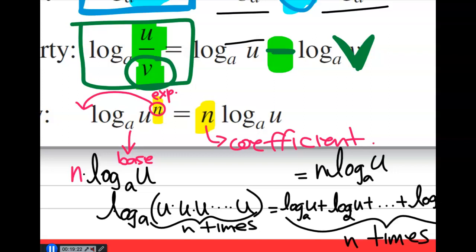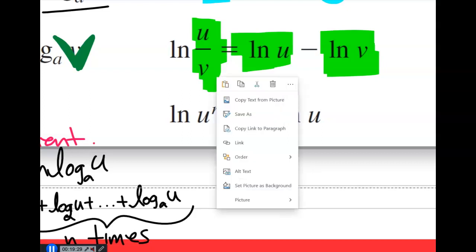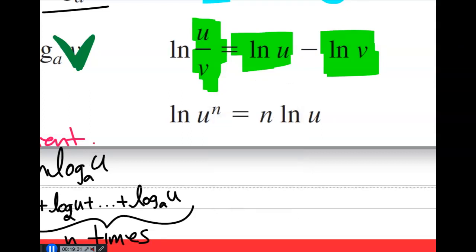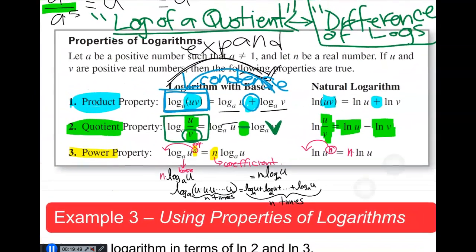Of course, it also applies to the natural log. So here is the natural log of u to the power n, and we could take that n and put it in front as the coefficient. There's no sign between n and natural log, so we know there is an implied multiplication. And so those are the 3 rules: product property, quotient property, power property.